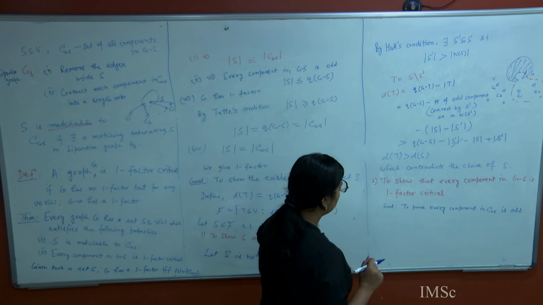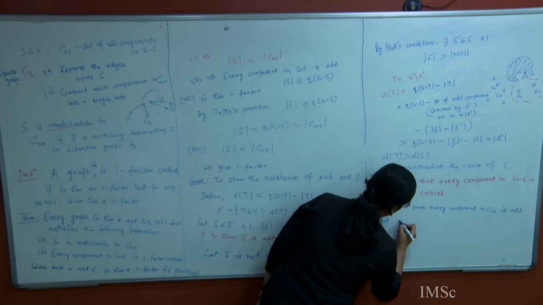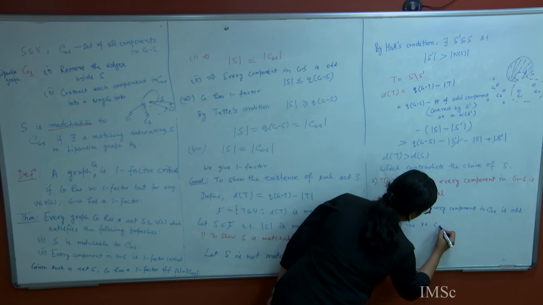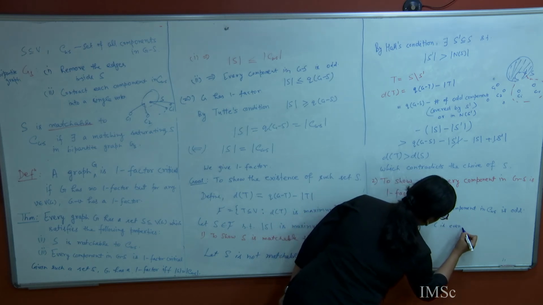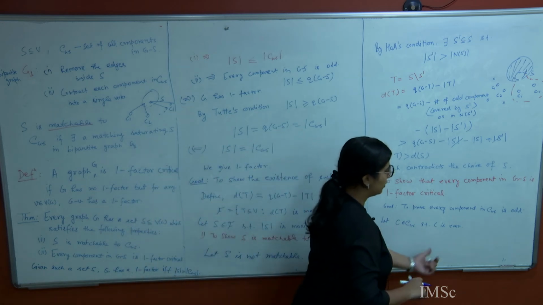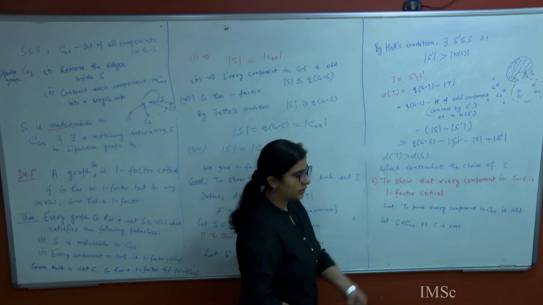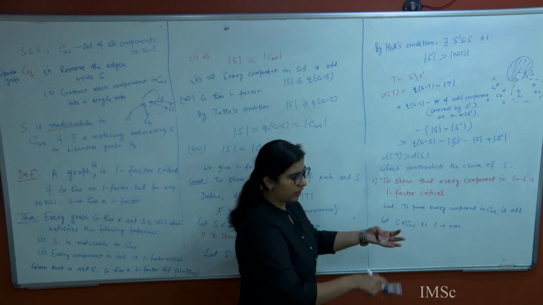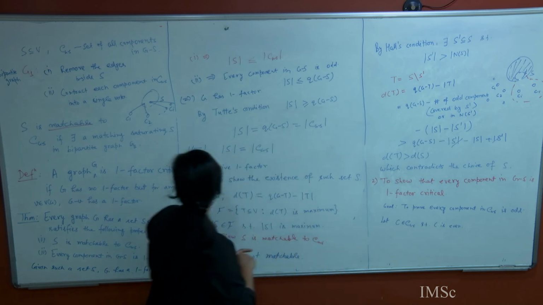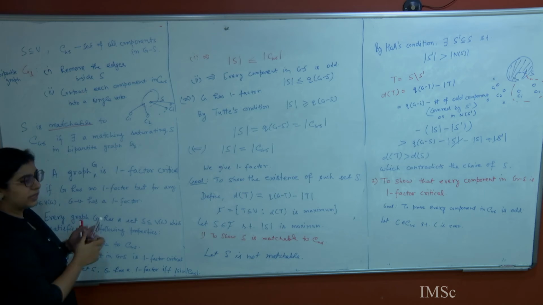Suppose not. So let there be some C belonging to the components of G minus S such that C is even. C is an even component. We want to make it odd. So what can we do? We can just push one vertex into S, and we can make it odd, right? So we have this set S, and there is some component which is even.